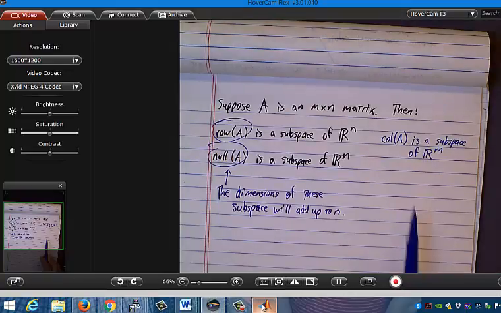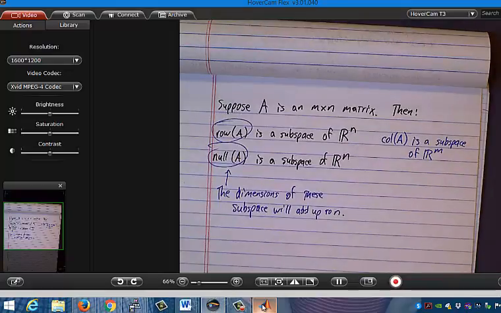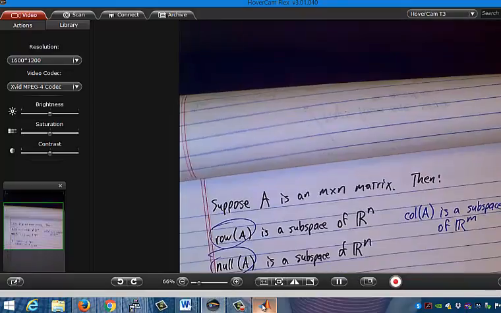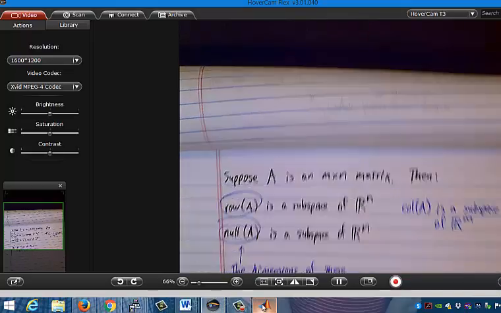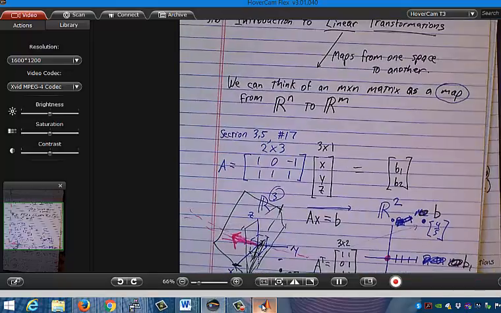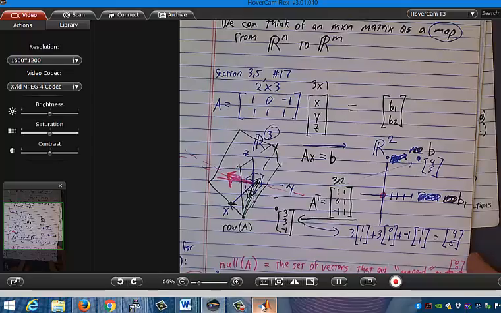By the way, what would be the column space of A? Sure, it's the row space of A transpose. So in our example, did we compute that? Let's see. No, I guess we didn't.